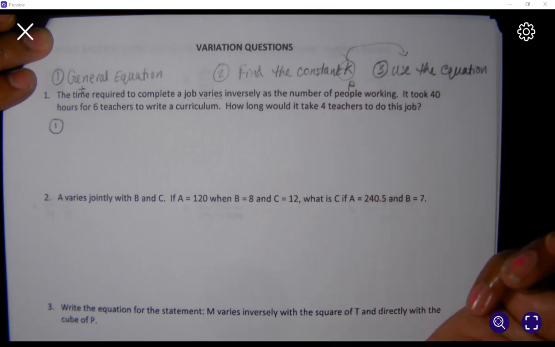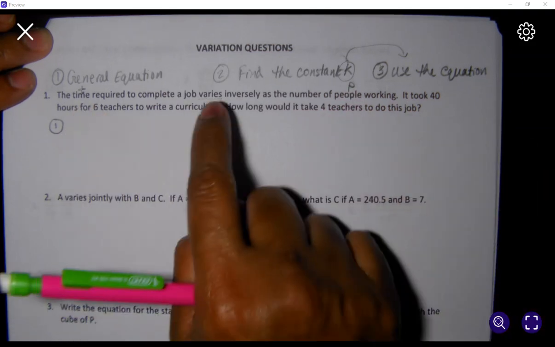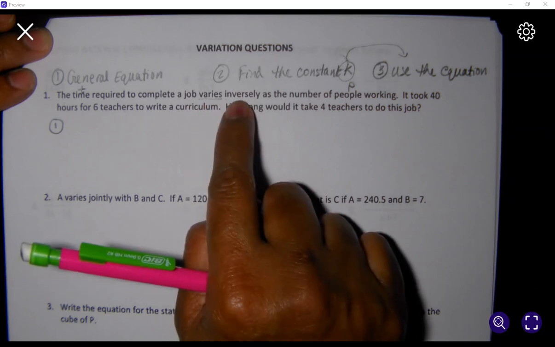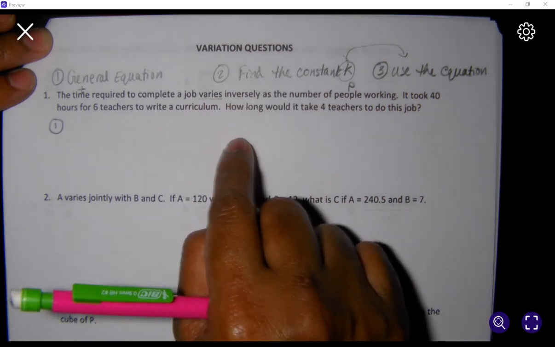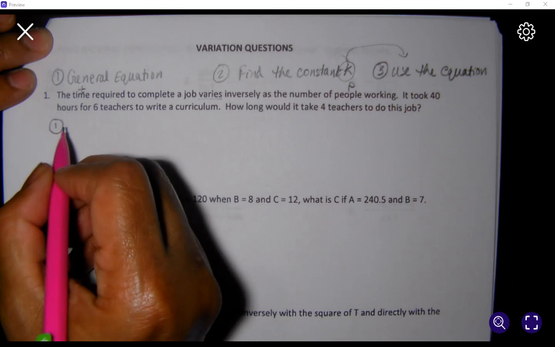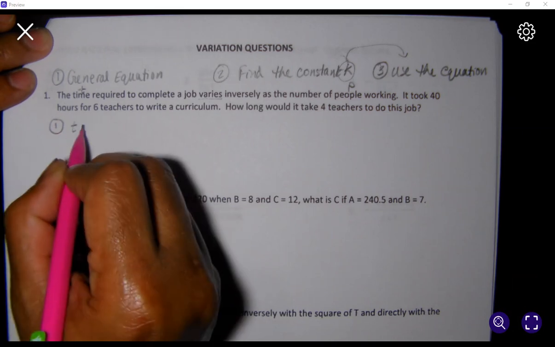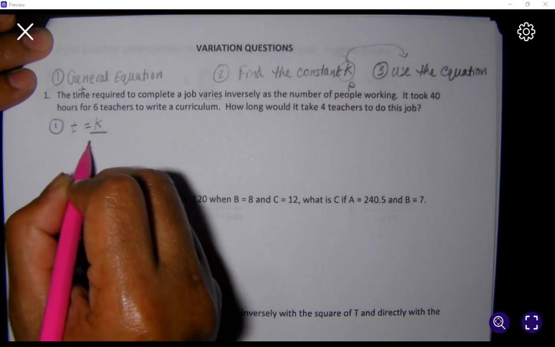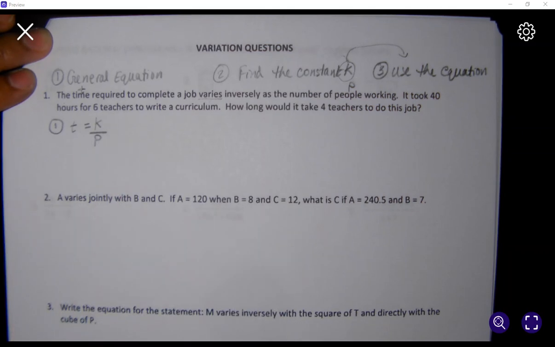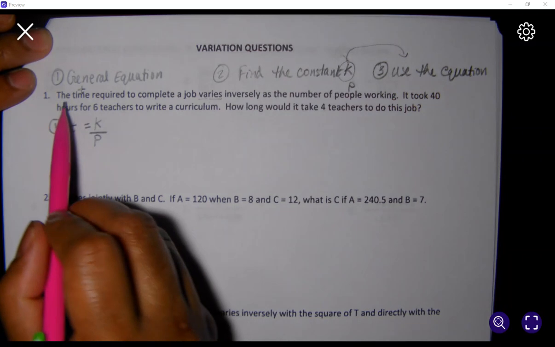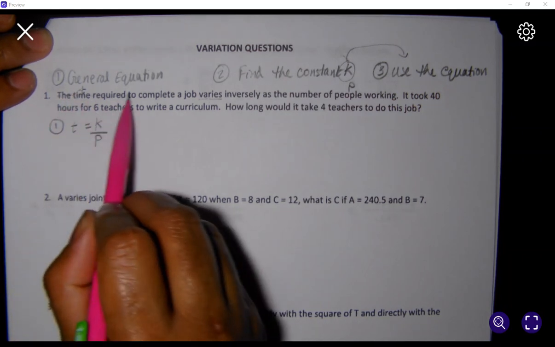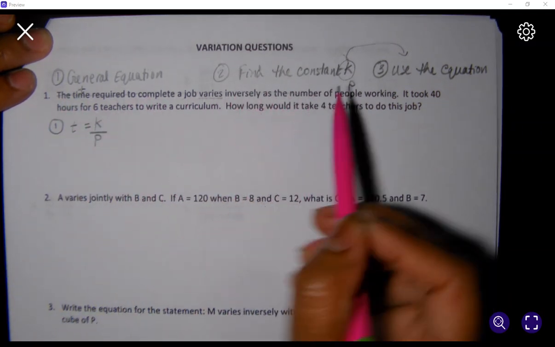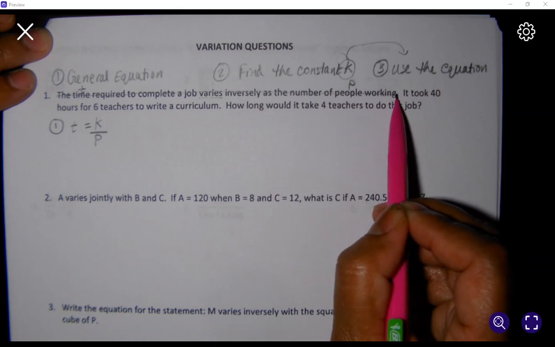So t equals k inversely means it gets divided by p. So this is what it would look like. T varies inversely with the number of people working. So that's my first step. And sometimes I just cross it out because I'm done with this part of the problem.